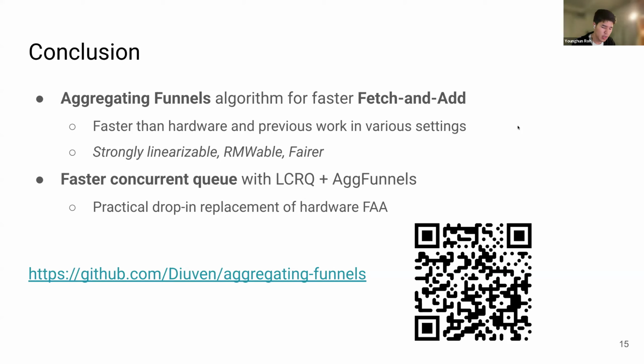By using this algorithm in LCRQ, we provide a queue faster than the state-of-the-art concurrent queue, and it is a practical drop-in replacement for the hardware fetch and add, even in other applications as well. We also published our code and artifact on GitHub, so it can be used in future work.